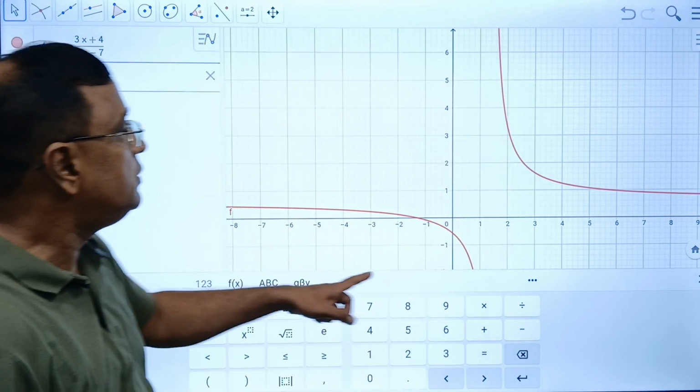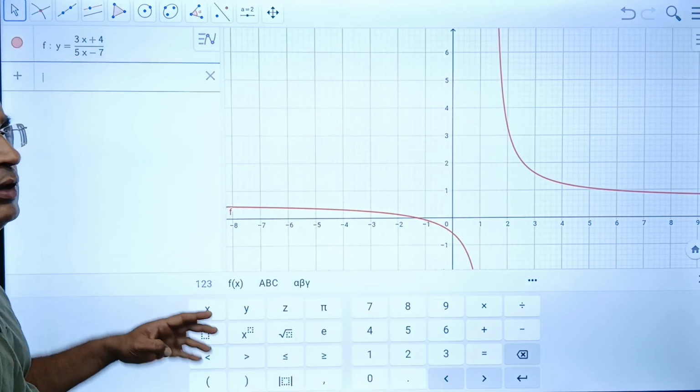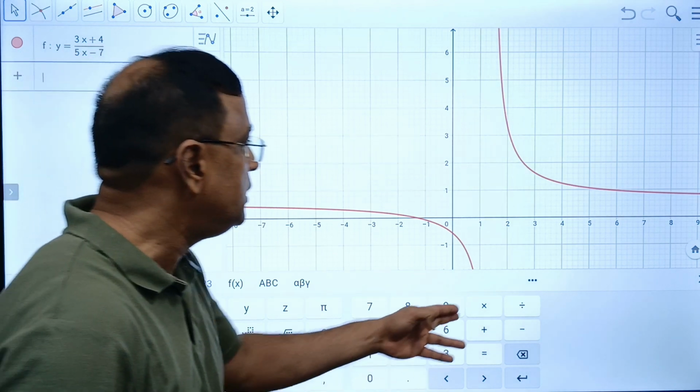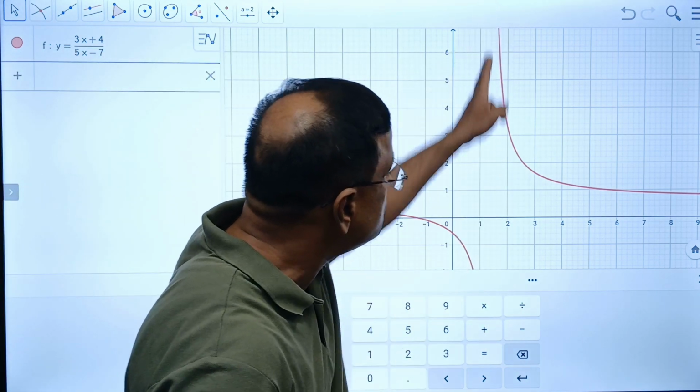So this function is not defined at 7 by 5. 7 by 5 is around 1 point something. See, clearly at 1 point something it's not defined.